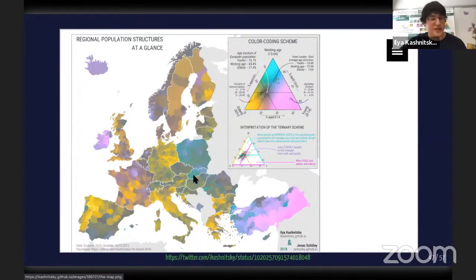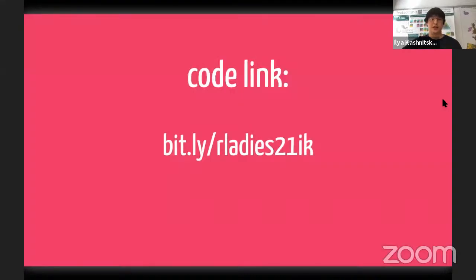We can see capital cities as bright blue dots on the map, because these are the places where people at working ages come, and then the rural areas of Western Europe are pretty heavily aged by now. So just a lot of information in one plot using a different technique.